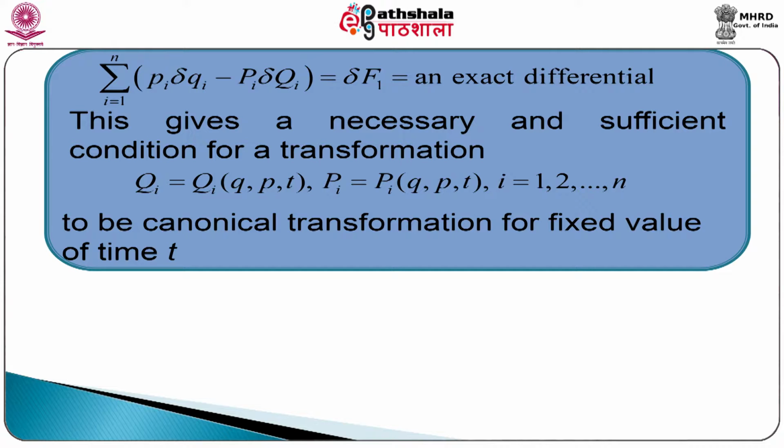The above equation gives a necessary as well as sufficient condition for a transformation given by Q_i equal to Q_i(q, p, t), P_i equal to P_i(q, p, t) for i equal to 1, 2 up to n to be a canonical transformation for a fixed value of time t.